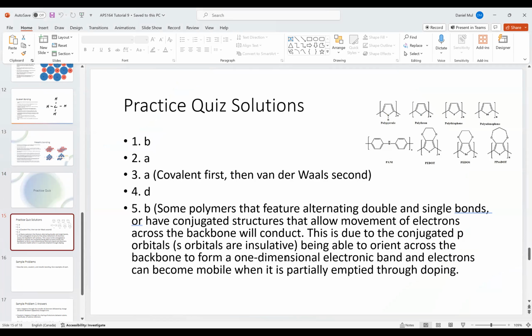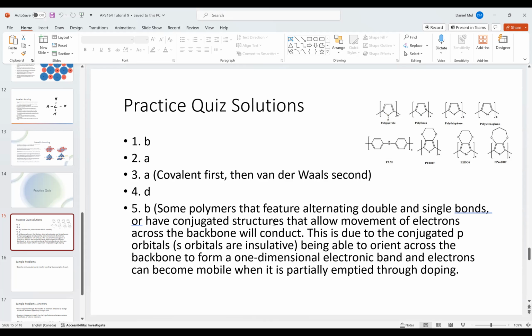I was going to talk a little bit about 5, just because I mentioned earlier that polymers do have exceptions. This is something you might learn later on in the course. A conductive polymer has an alternating double and single bond, like a lot of these conductive polymers in the corner here.